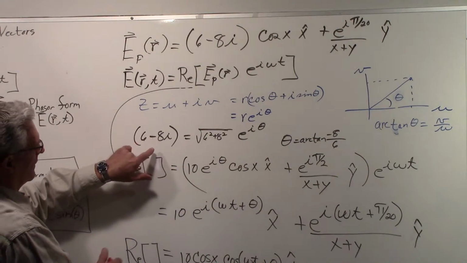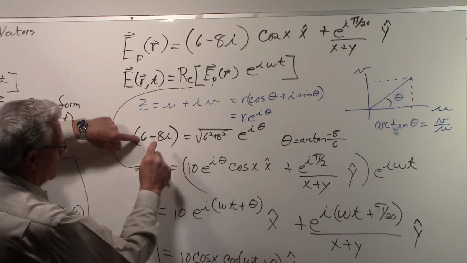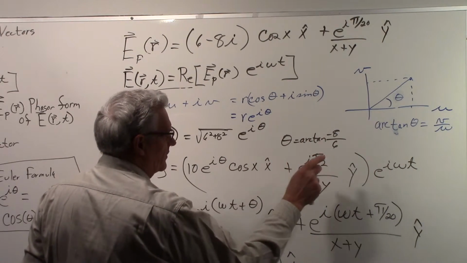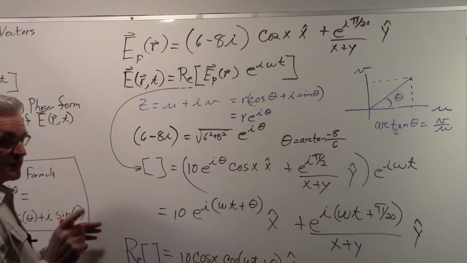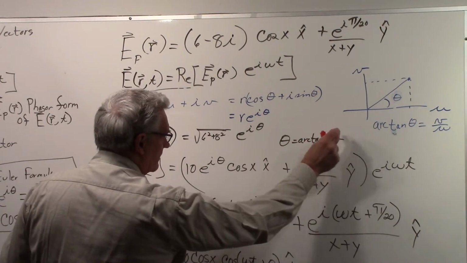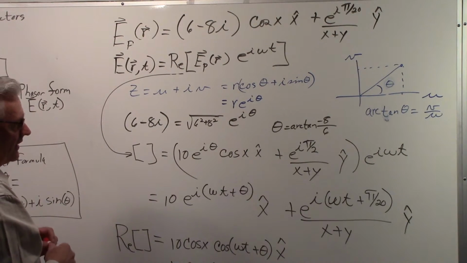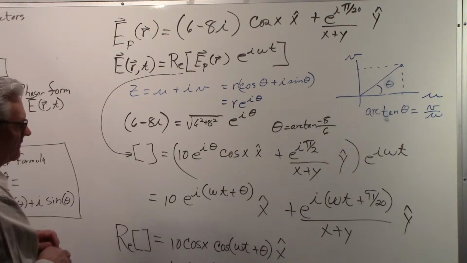Again, u is 6, the v is minus 8. The arctan is v over u, so that's minus 8 over 6. It's good often to keep track of which quadrant you're in by showing the negative sign on the correct quantity, in this case, the v.